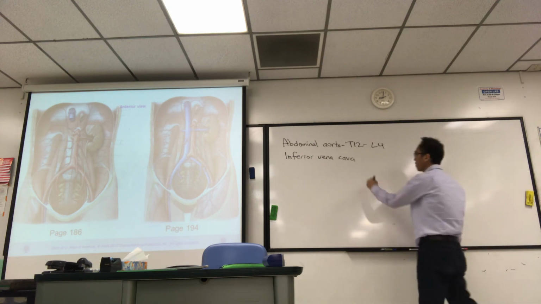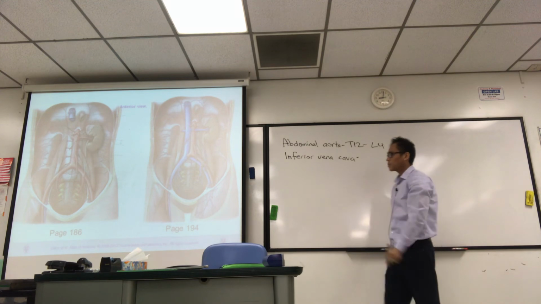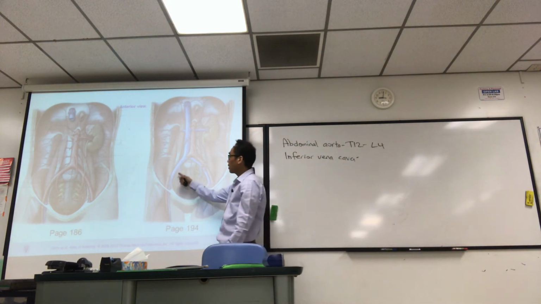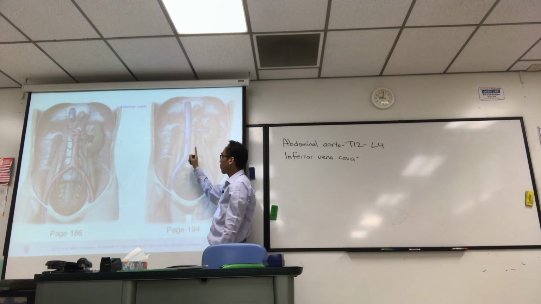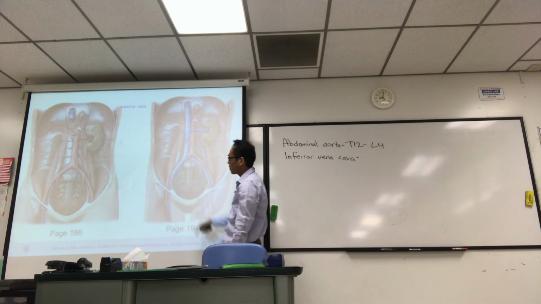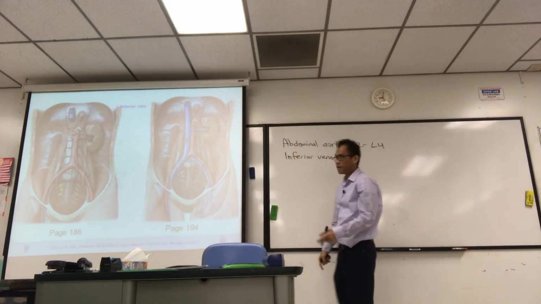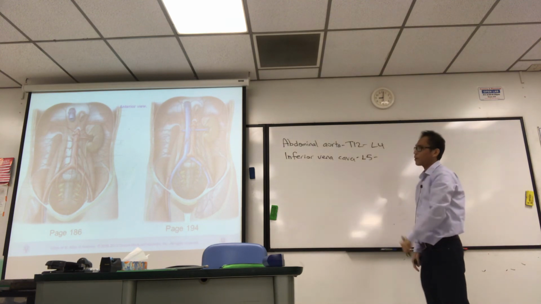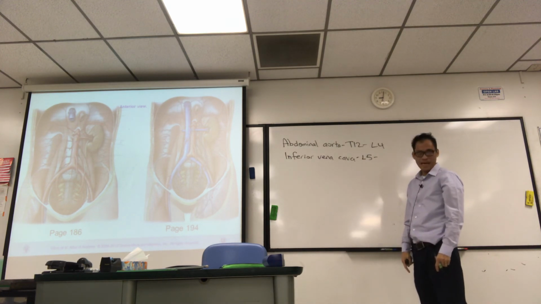The inferior vena cava, we talk about it in terms of how blood flows. Blood is flowing up. The common iliac veins merge to form the inferior vena cava a little lower, right? So they form at about the level of L5, and it runs all the way up higher to T8.